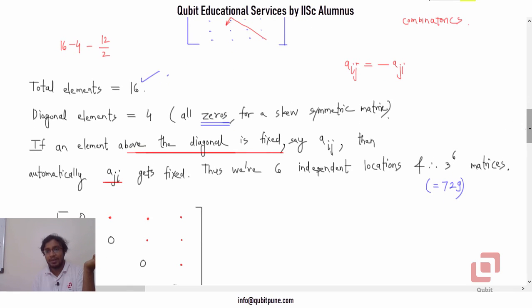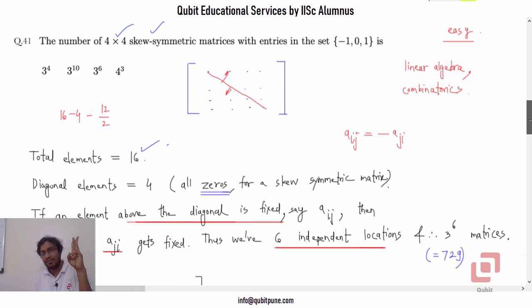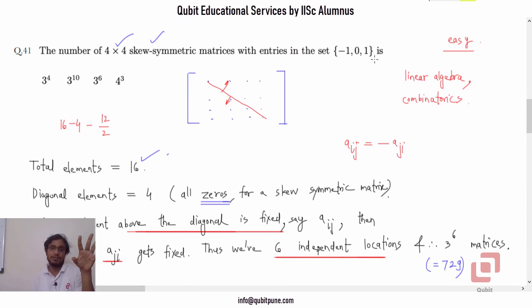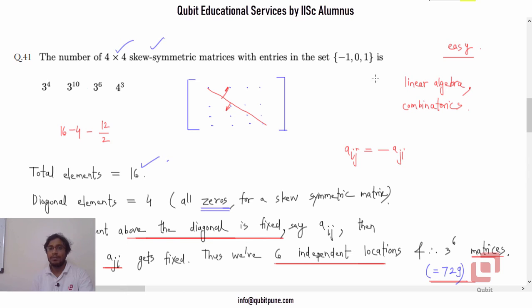Which means how many independent locations are we getting? There are only 6 of them. 6 independent locations. At every location we have 3 choices: -1, 0 or 1. So overall there will be 3 raised to 6, or 729, skew-symmetric matrices that you can form with entries from the set -1, 0 and 1. So the correct option is 3 raised to 6.